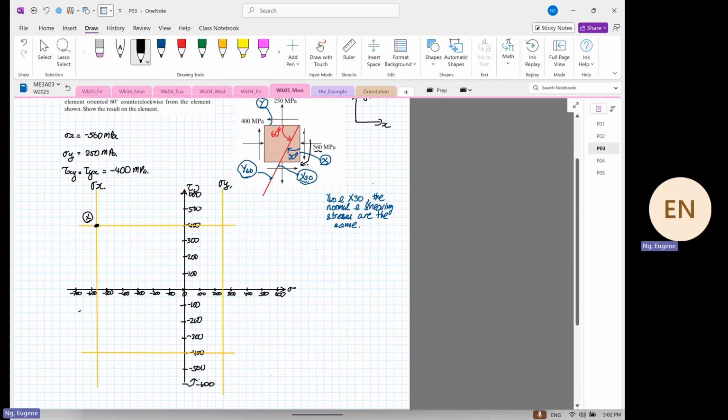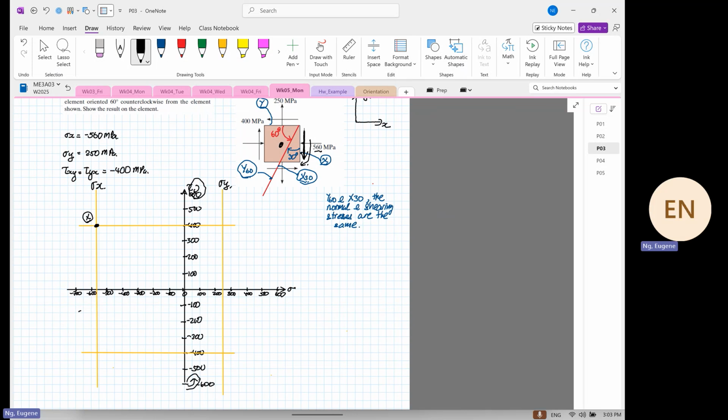If you look at this arrow that's coming down in terms of shear, if you put your finger in the center, it rotates clockwise. We are looking at shear. Over here, the element rotates clockwise.